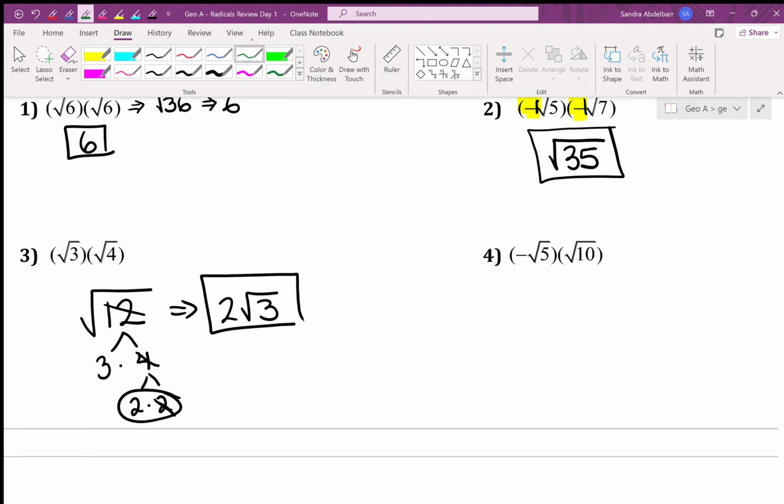All right, what about negative root 5 times root 10? What do you get for that one before simplifying? Negative root 50. How are you choosing to simplify 50? Perfect. And then 25 becomes 5 and 5. And this becomes negative 5 root 2.